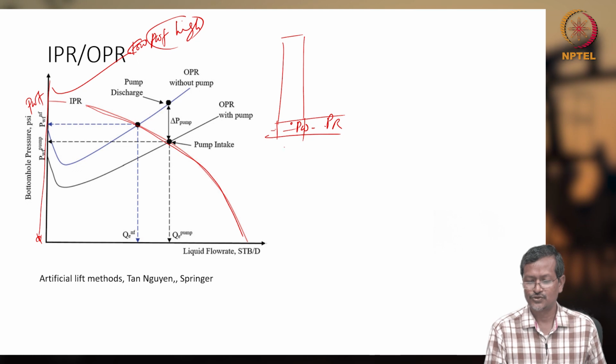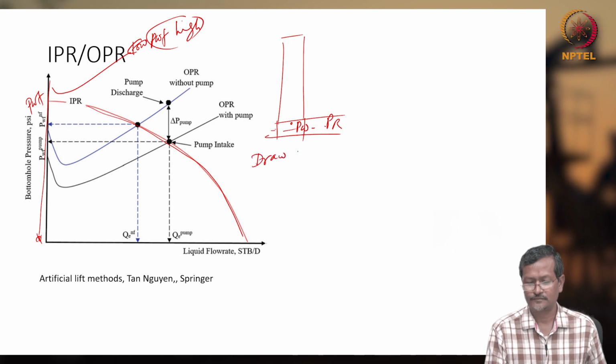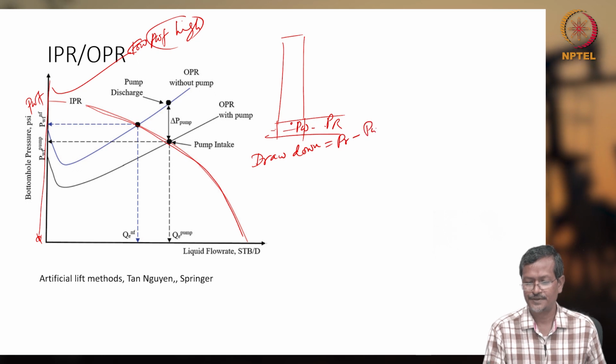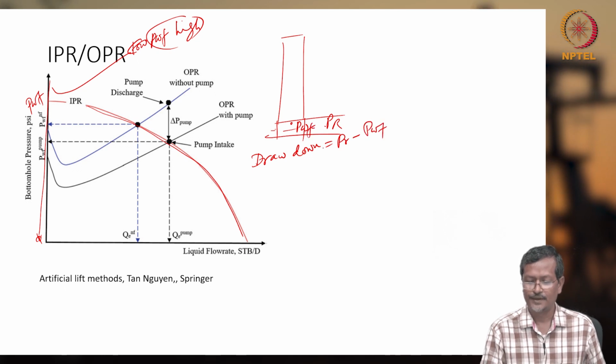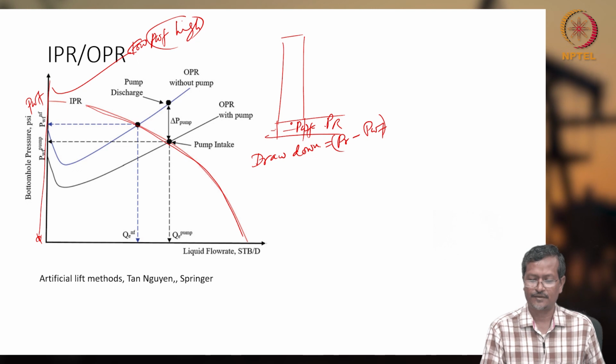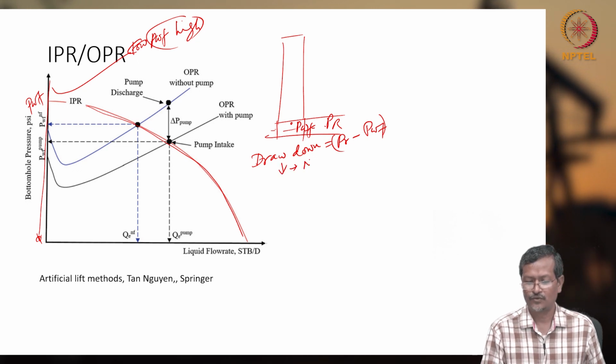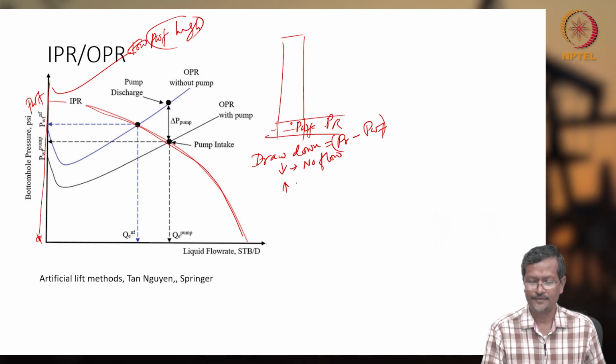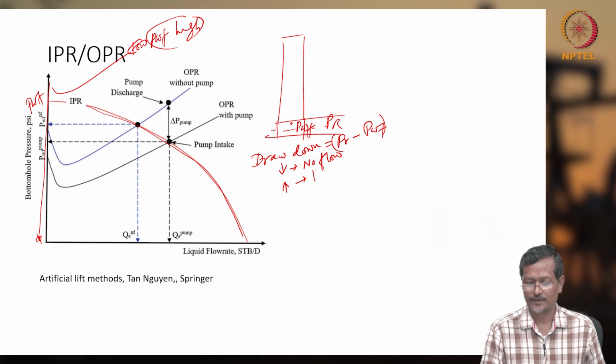Why? Because drawdown equals PR minus PWF. Okay. So, if drawdown is very low, then no flow, right. If it is very high, it means a higher production rate.